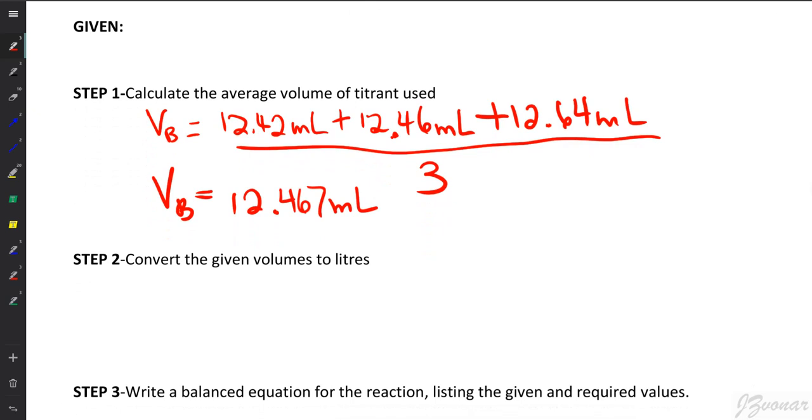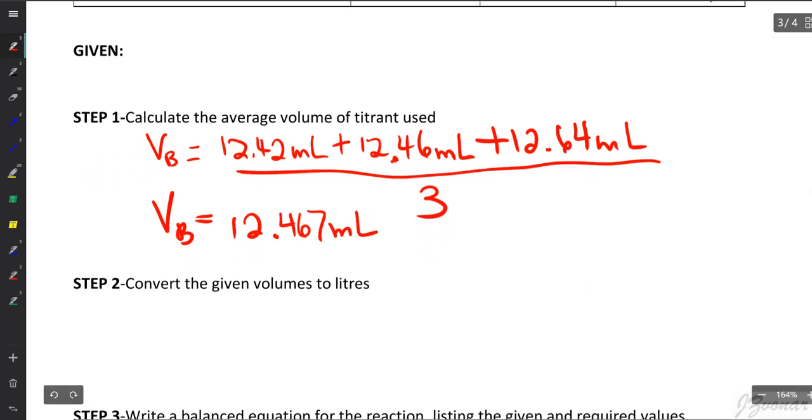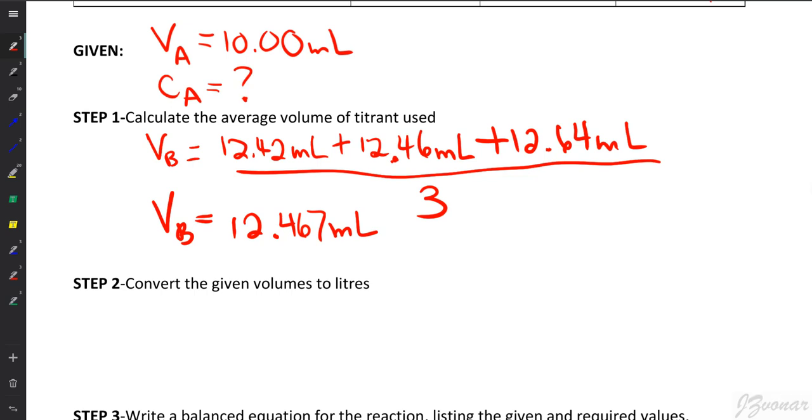So now, what I didn't include here is some of the given information. We know that the volume of the acid that we used in each of the flasks was 10 milliliters, keeping 2 decimal places. The concentration is what we're looking for. We've got the volume of my base.